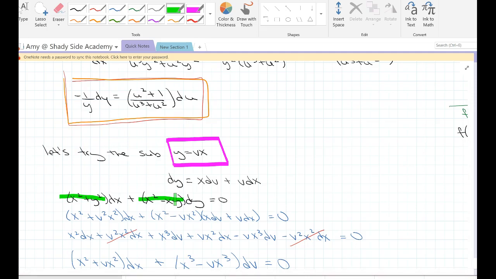What is the relationship? If M is more complicated, M being the function attached to the differential dx, should you use x equals uy or y equals vx? If N is more complicated, N being the function that is a factor of dy, should you use x equals uy or y equals vx?